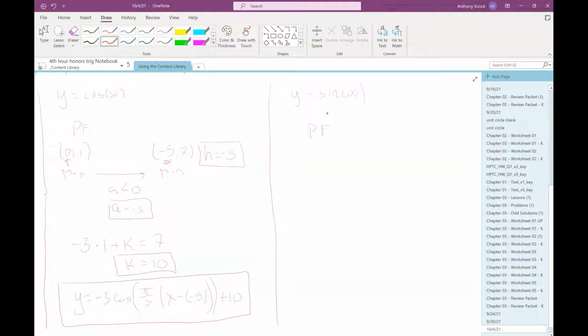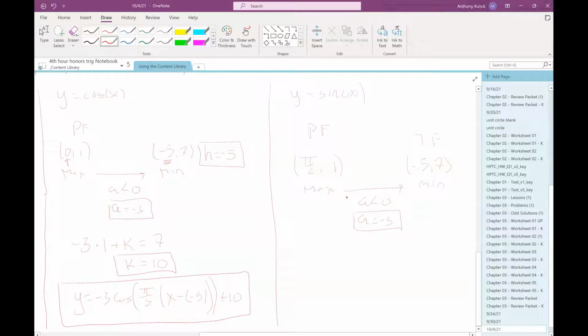So I could use, for example, pi over 2, 1, which is a maximum, to send to this minimum. So that tells me the a needs to be negative.